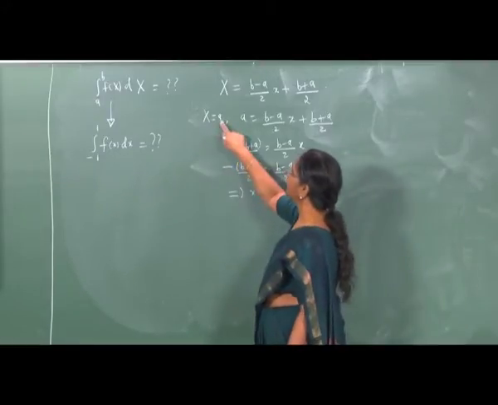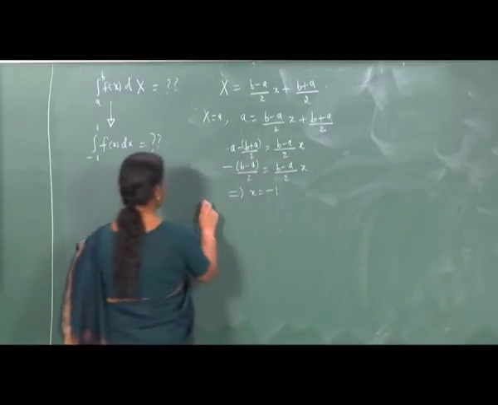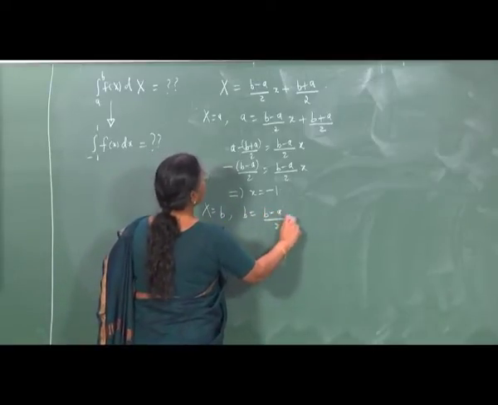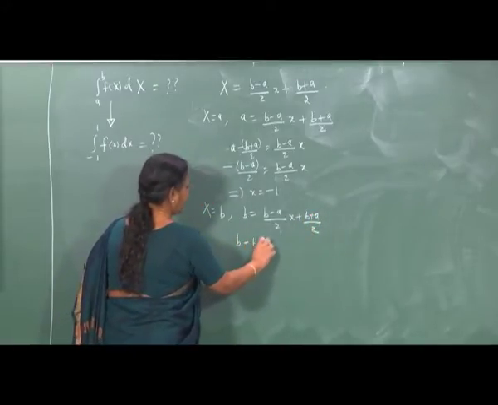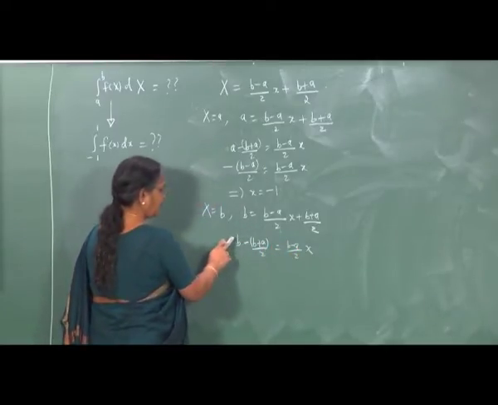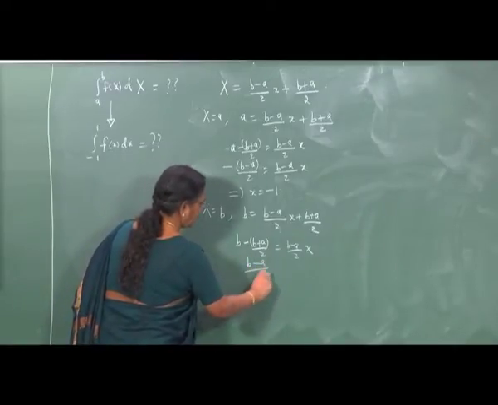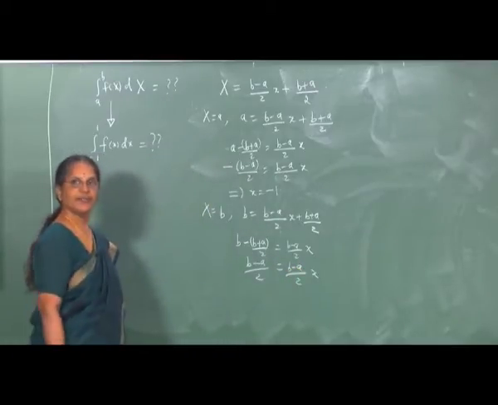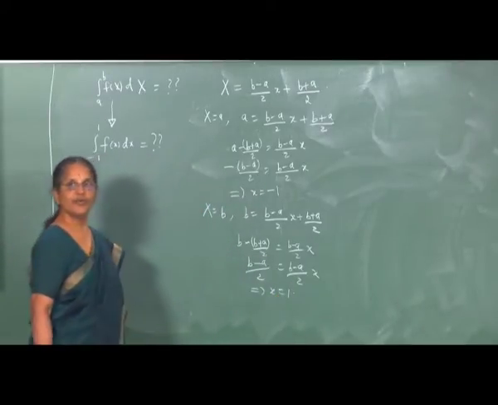So, when capital X is a, small x takes the value minus 1. What happens when x takes the value b? That gives you b minus b plus a by 2 is b minus a by 2 into x. So, b minus b by 2 is b by 2 minus a by 2, that is the left hand side, and the right hand side is b minus a by 2 into x. So, that shows that x takes the value 1.